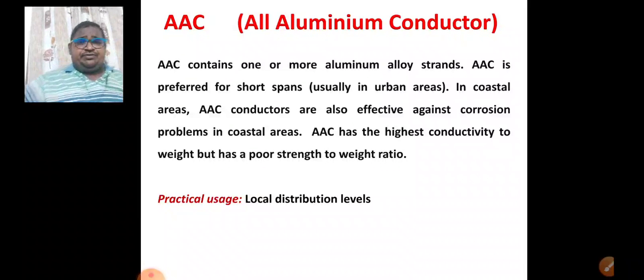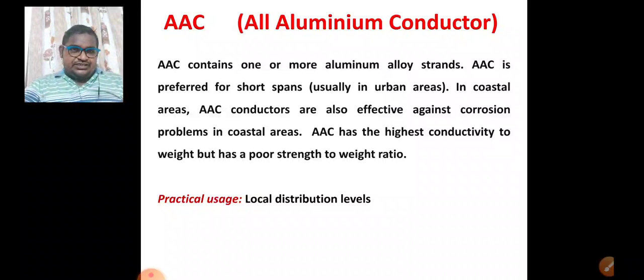Let us see one by one. The first one is AAC, that is all aluminum conductors. AAC contains one or more aluminum alloy strands. That means aluminum is mixed with aluminum only.